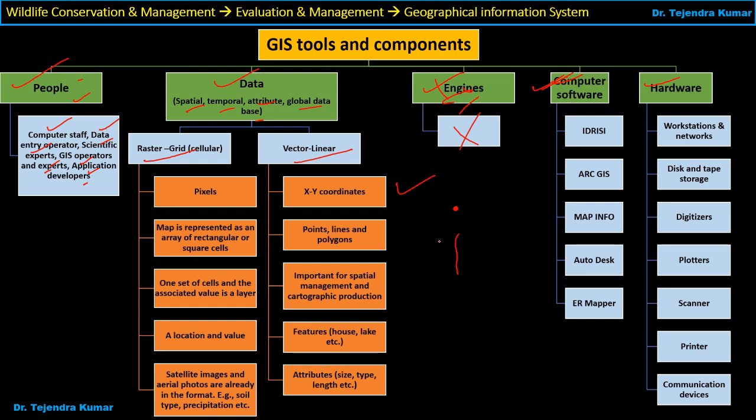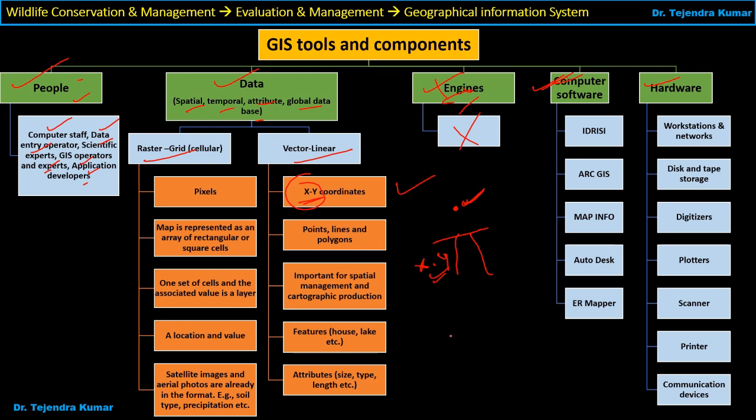So this is the line coverage. It can be seen like this, it can be seen like this. These lines are showing roads or tracks, trails. So these are the lines. If you see this one, this has only one axis, but here there are two axes, x and y. So two axes are there in the case of vector linear, and xy coordinates are there.